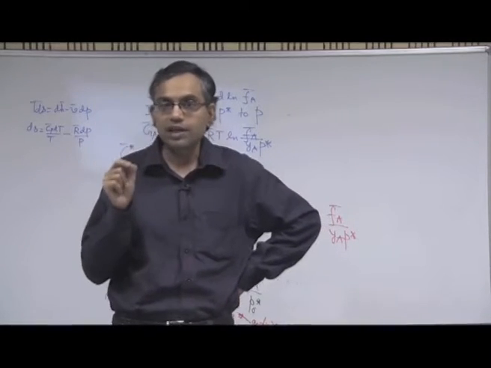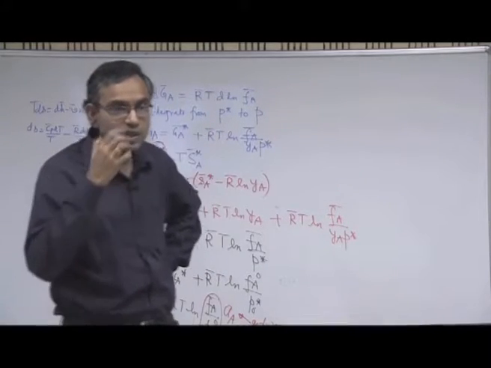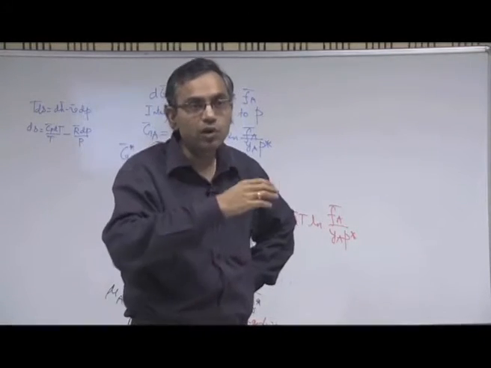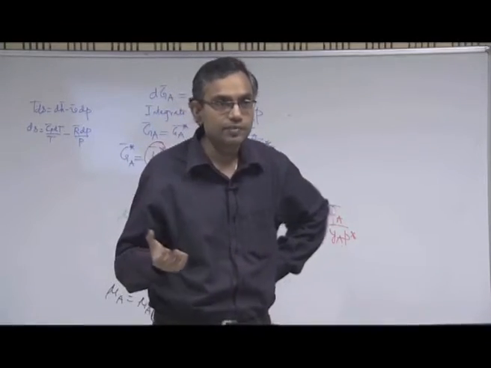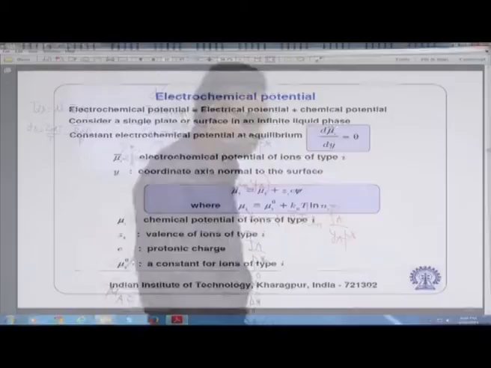So the Boltzmann constant is the universal constant divided by the Avogadro number. So it is basically to transform from 1 mole to a single entity. So let us see the expression. Eventually you can write the chemical potential for each ion: mu I is equal to mu I 0 plus kBT ln Ni, right. So we have derived the expression, so you know what are the assumptions under which this is valid.